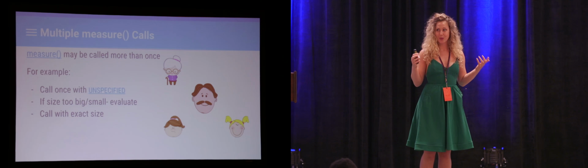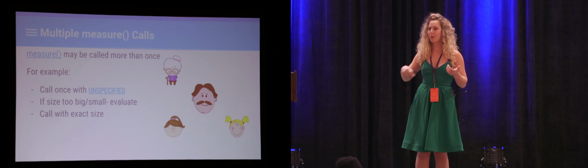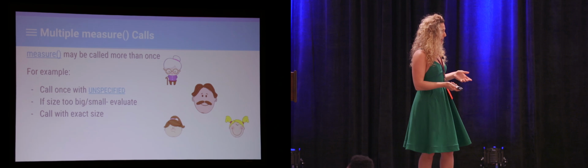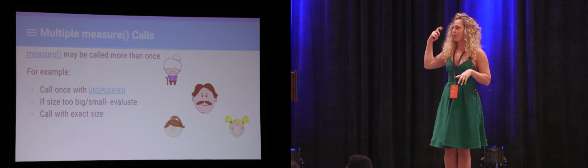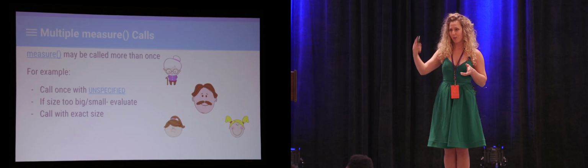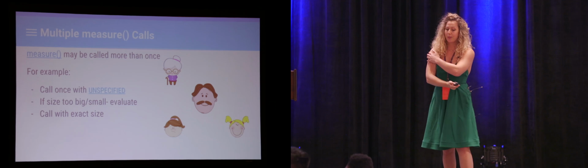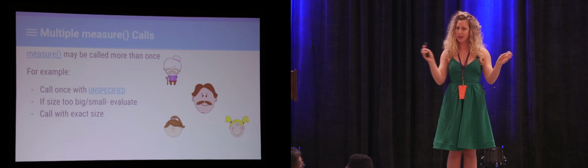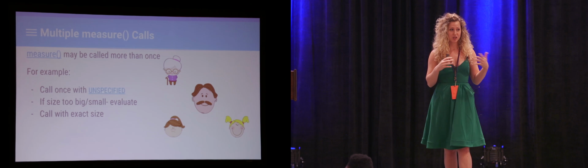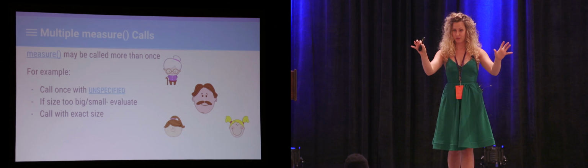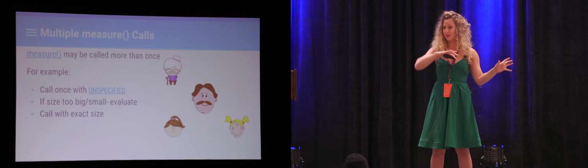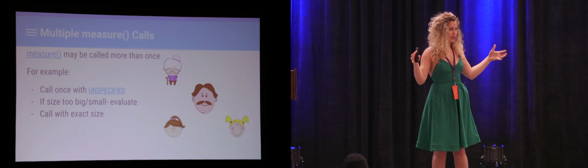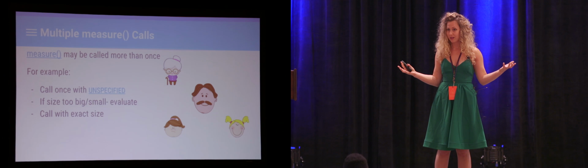But I also want you to remember that it can happen more than once. Sometimes we have to measure all the views more than once. For example, if we have a linear layout, like we said, and we have weights, we don't yet know the size of the children. So the parent is going to first ask, hey, kids, what size do you want to be?